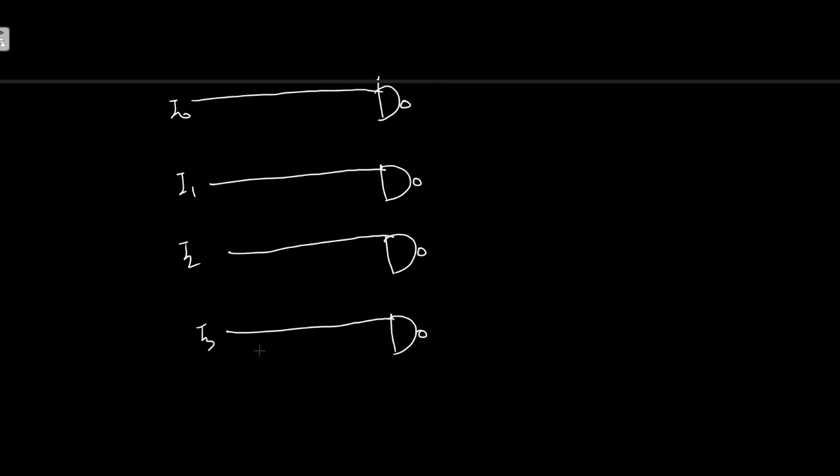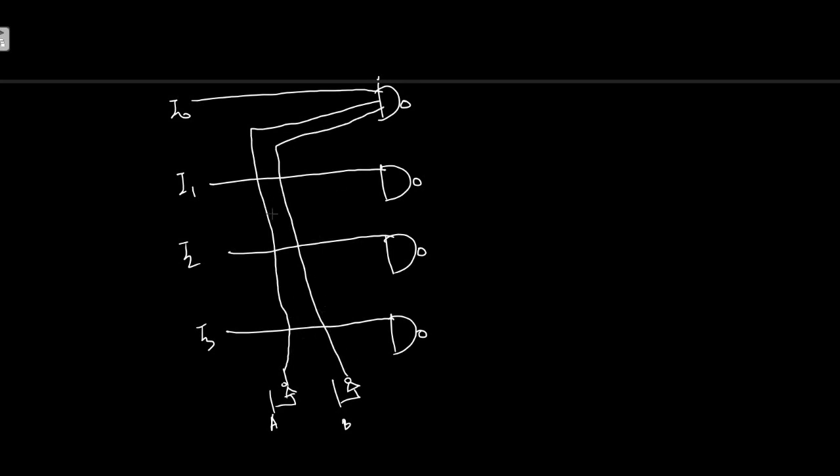Now there are select lines AB: 0 0, 0 1, 1 0, and 1 1.